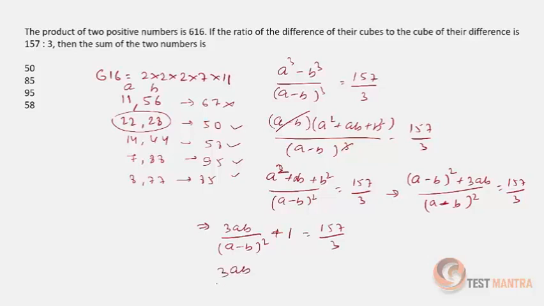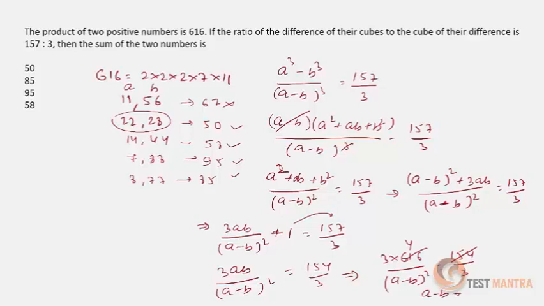So 3ab divided by a minus b whole square is, I'll shift this value to this side, 154 by 3, and a into b is equal to 616, so 3 into 616 divided by a minus b whole square is equal to 154 by 3. 4 times, that represents a minus b is nothing but 6. The difference between a and b should be 6. Now I can check the difference between a and b should be 6. That's possible in this case. That means my summation is nothing but 50.